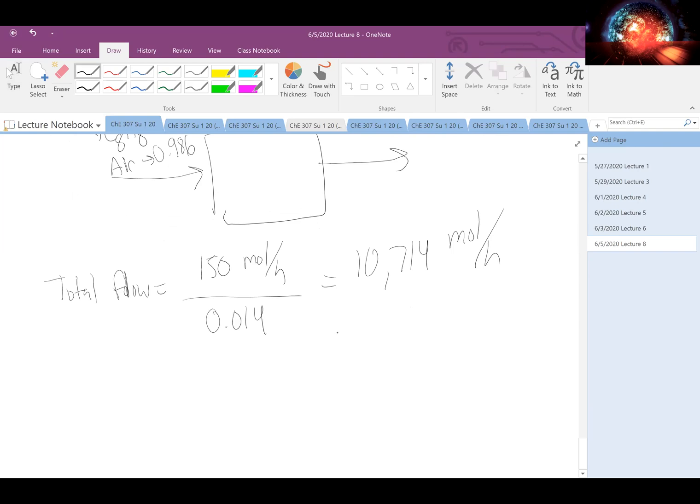Meaning my air would be that total flow minus the 150 moles per hour, or 10,564.